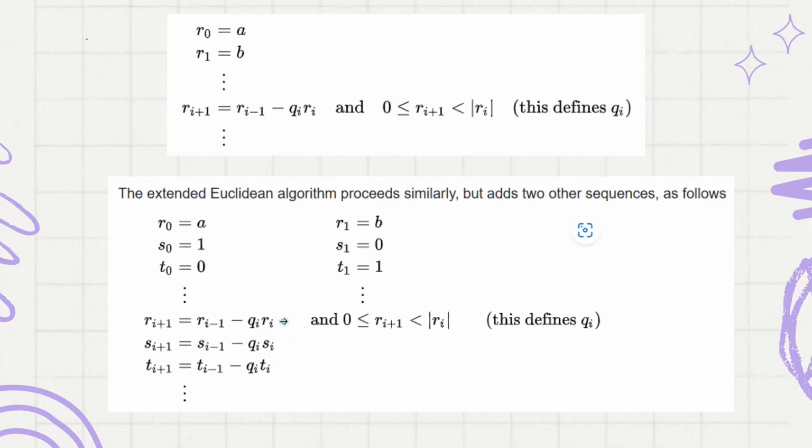So in the extended Euclidean algorithm, we use the q i's in each step. Unlike in the normal Euclidean algorithm, where we had no use of the quotients. We didn't have to actually divide it. All we needed to do was find the remainder. But here we need to properly divide it, get the quotient, and use that in finding the next terms in the s and the t series.